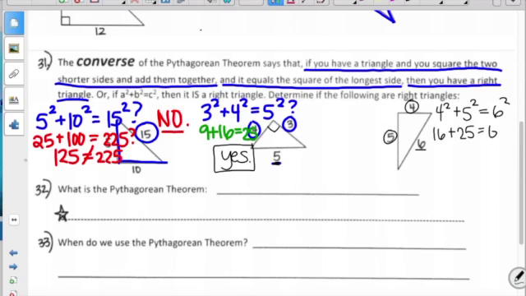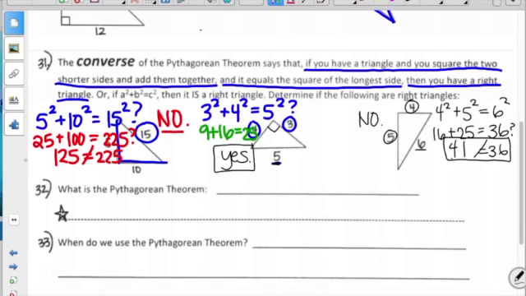Okay, question, we're not sure. 16 plus 25, does that equal 36? I don't think so. What is 16 plus 25? 41. 41 does not equal 36, so is this a right triangle? No, not a right triangle.